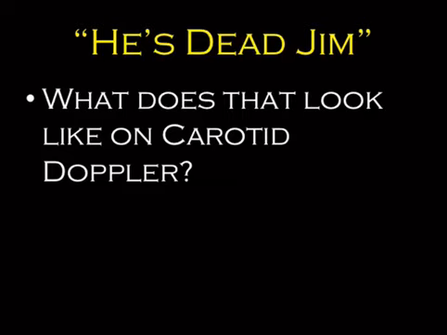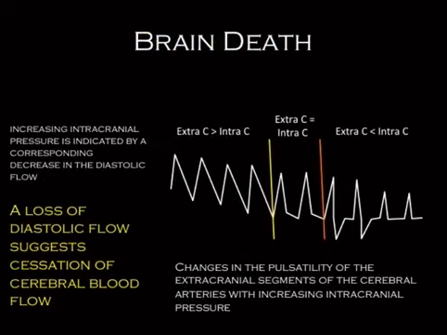Because when you die, your brain turns off, and all those things I said about the brain being continuously on are no longer true. So you transition to a high velocity or high resistance waveform. You lose your diastolic flow. It's not continuous anymore. It returns to the baseline.